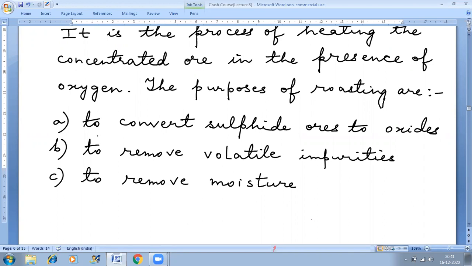All those volatile impurities will go out as gases, so we will be left only with the metal oxides. Roasting happens in the presence of oxygen, and therefore oxygen is acting as a reactant.